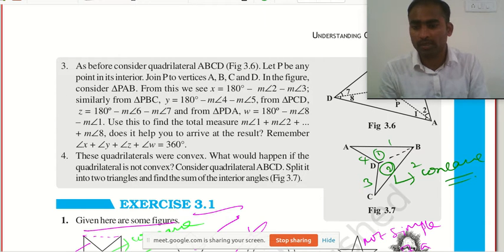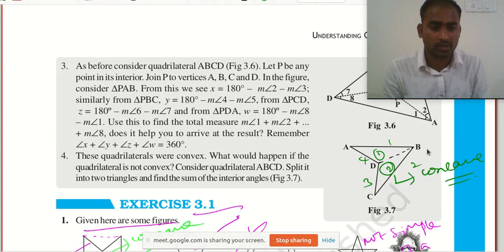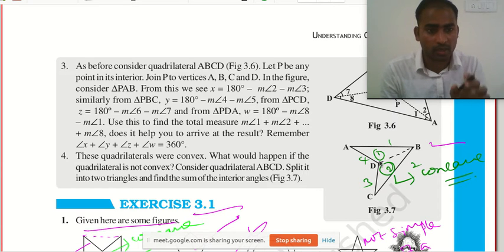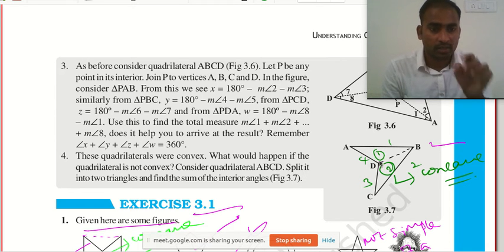I gave this as homework. Yesterday I told about this one. Please solve. It is so simple. In a concave quadrilateral also, the sum of all the angle measures inside is equal to that of the convex one.